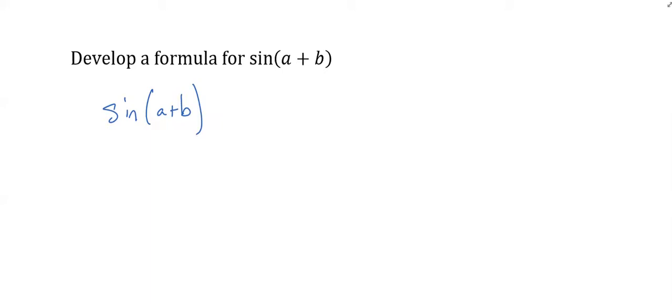What do we know about? That cos a plus b is equal to... We know something about cos of a plus b, right? You don't have to say the whole thing. That's perfect. We know the formula for cos of a plus b. Can we use that? Like, can we change this into the cos one somehow?